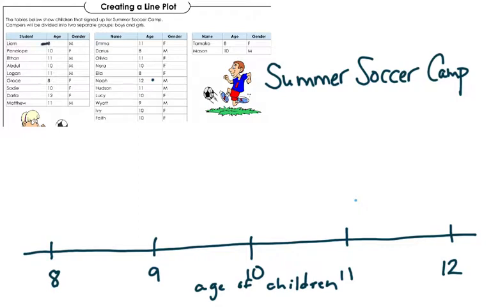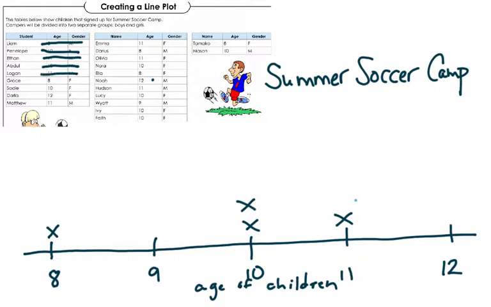We're going to start with Liam. Liam is 8. We're going to put 1 X to represent Liam. Penelope is 10. Let's put an X above 10. Ethan is 11. Abdul, 10. At any point in time, if I'm going too quickly, go ahead and pause the video.